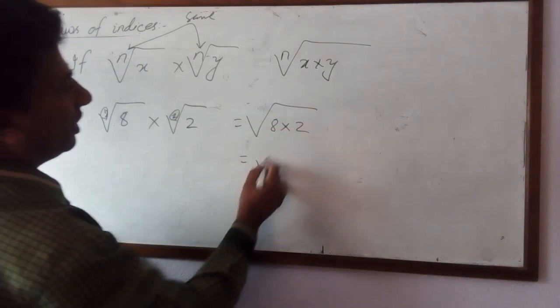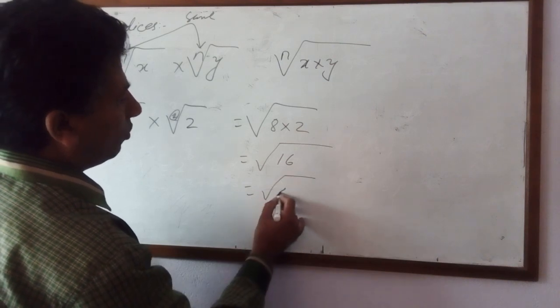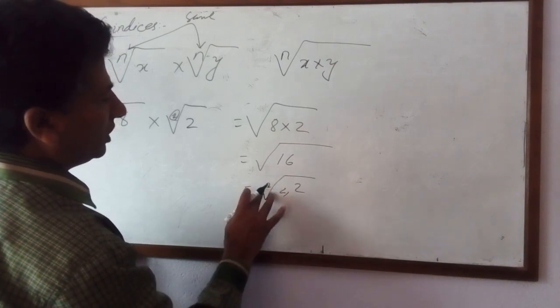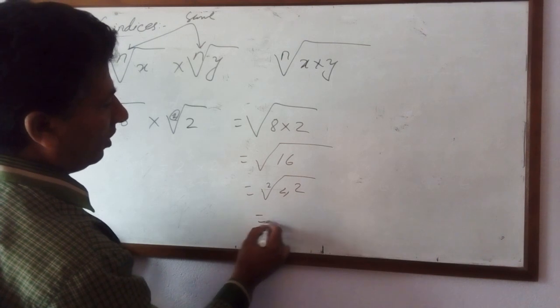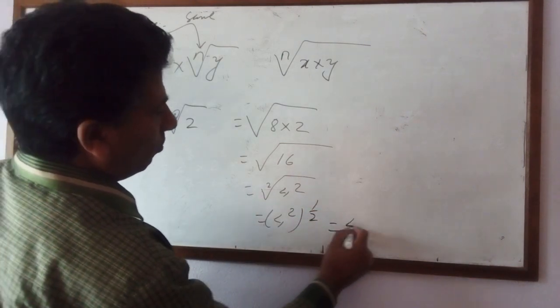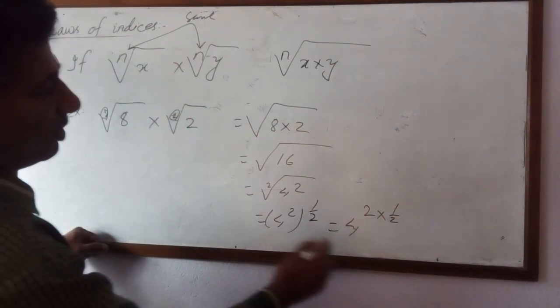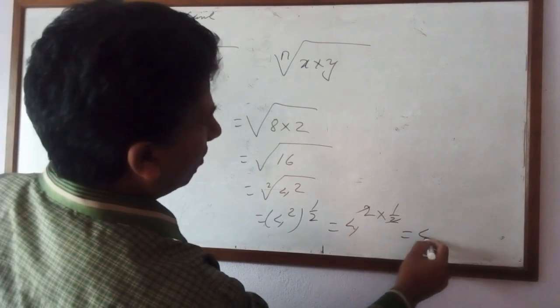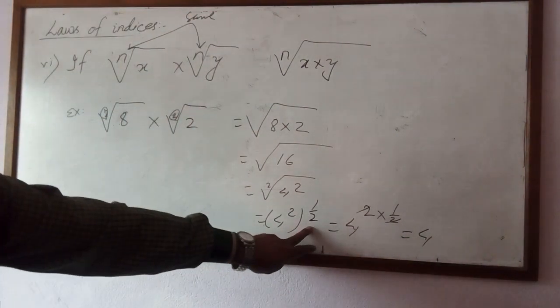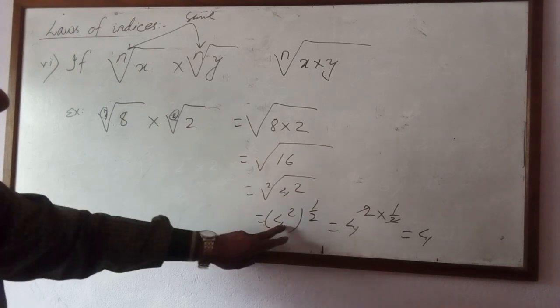Now it will be 16, this means 4a square, because here is 2 which is not written. Now again 4a square, this 2 means 1 by 2. Now external and internal power we can multiply, this 2 and 2 cancel, it will be 4. Now this 1 by 2, 4a square means 16, 4a square.